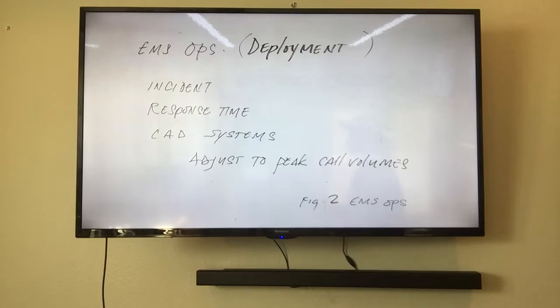We have this going on in most of our county services, but particularly for Hawaii County, AMR, the private entity, augments the peak call volume areas and peak call volume times.